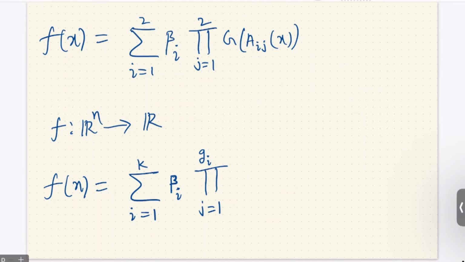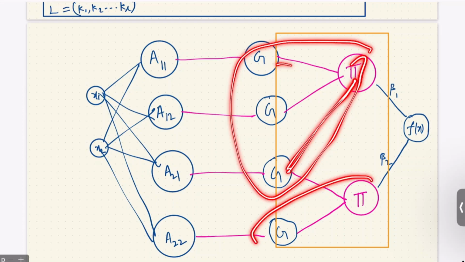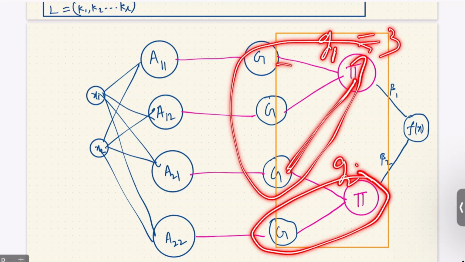g_i is the number associated with each group, so it need not be exactly three. The first group may have three and the second group may have only one; in that case g_1 is three and g_2 is one.